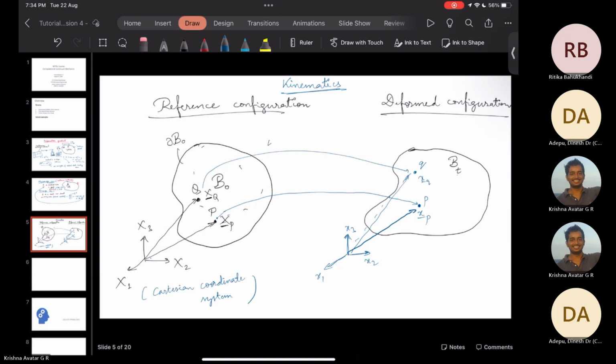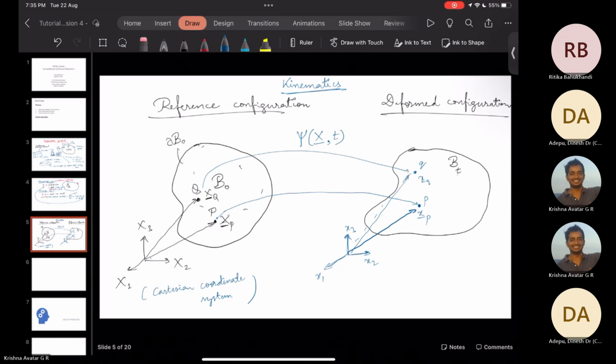Now you'll ask, what is that function which is mapping capital P to small p and capital Q to small q? This we call a deformation mapping. It's denoted by psi, and it takes two arguments, the capital X vector, and it also evolves with time, so it has another argument called time.